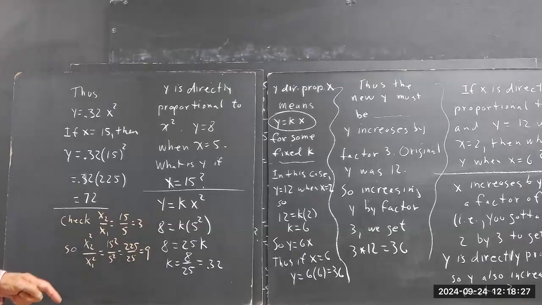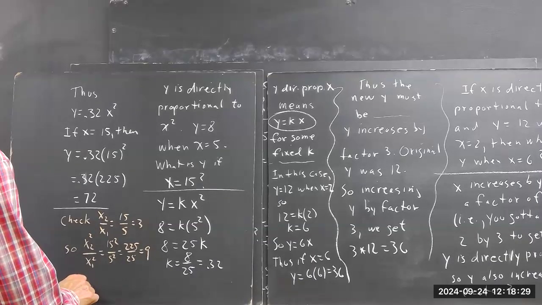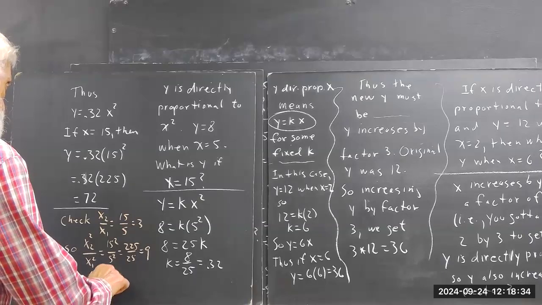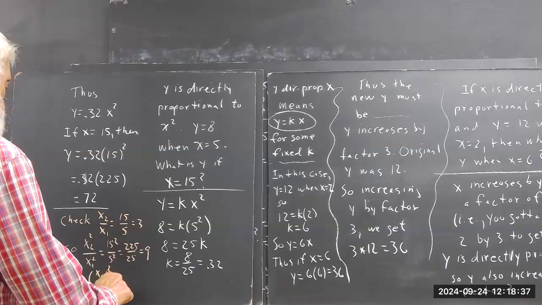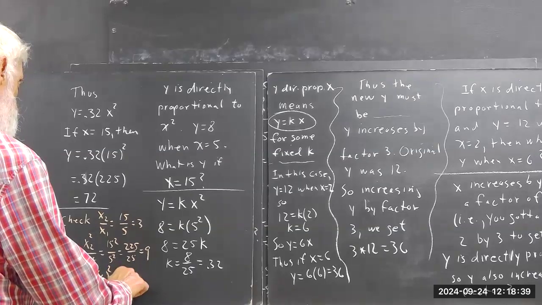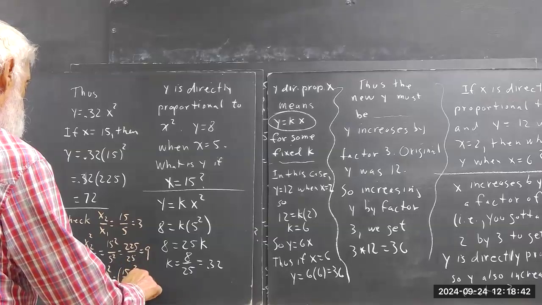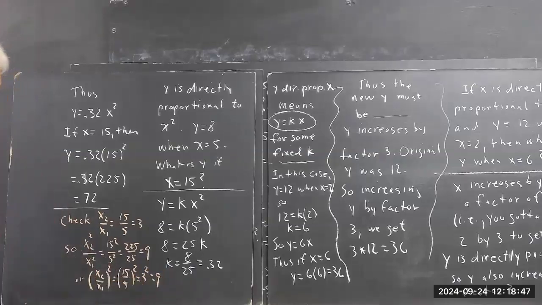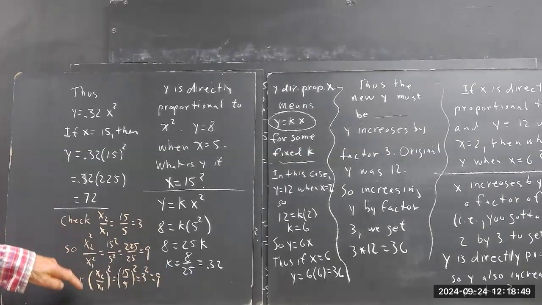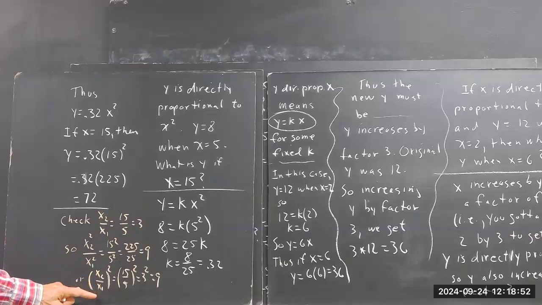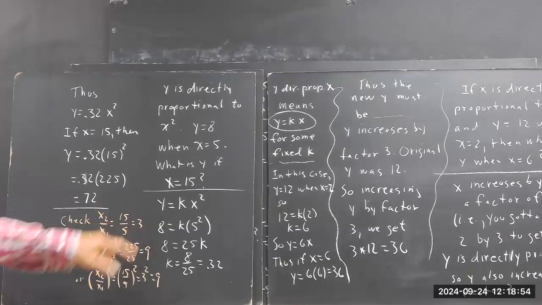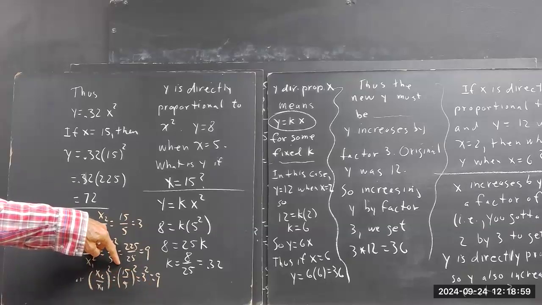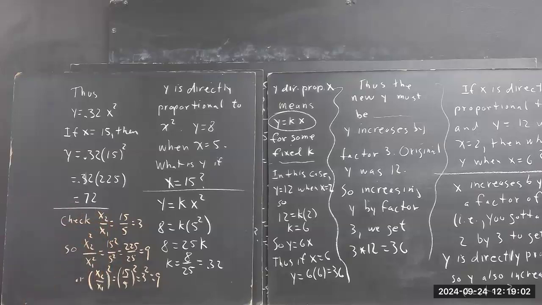Or we could have just said X2 squared over X1 squared, the same as X2 over X1 squared. We already figured out that X2 over X1 was 3. So we could have just written that this squared is 3 squared, which is 9. We didn't even have to write this out.